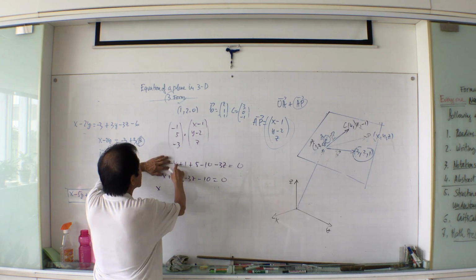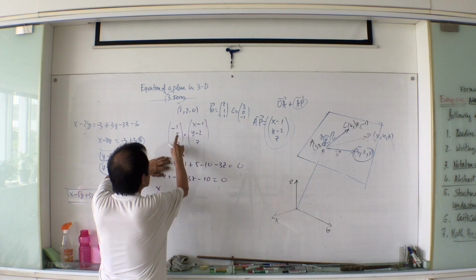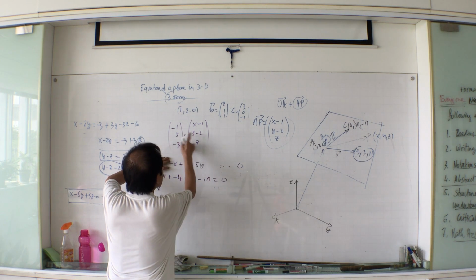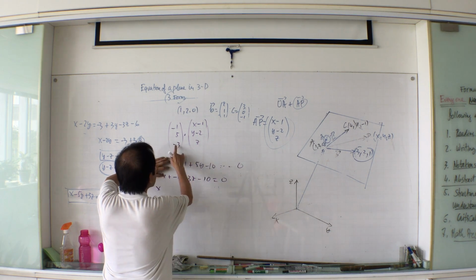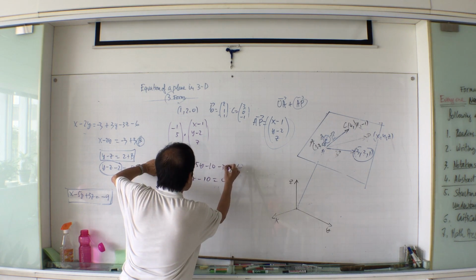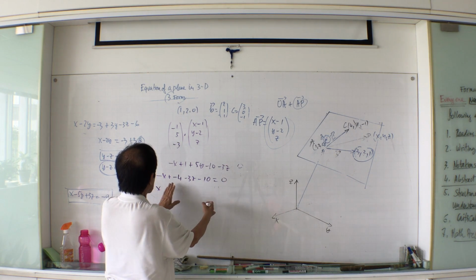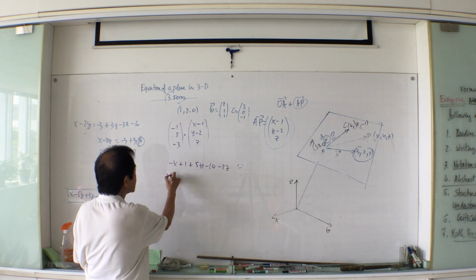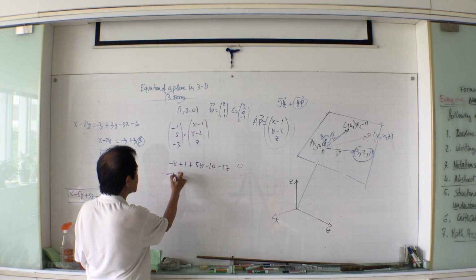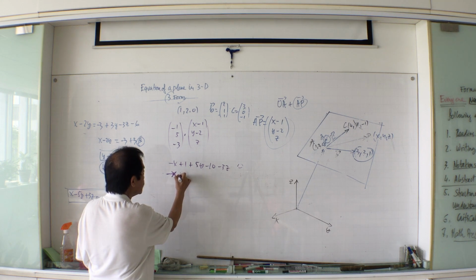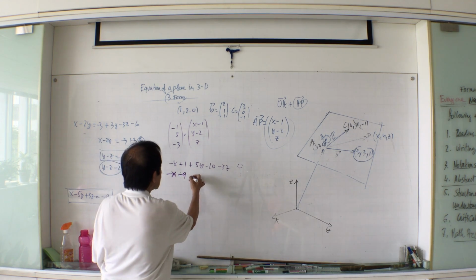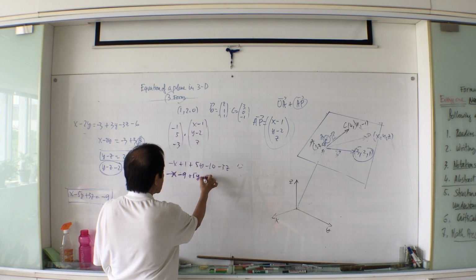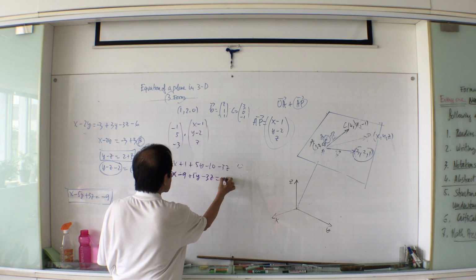Minus 1 times x equals minus x, minus 1 times minus 1 equals 1, 5 times y equals 5y, 5 times minus 2 equals minus 10, and minus 3 times z equals minus 3z. So then I have minus x minus 9 plus 5y minus 3z equals 0.